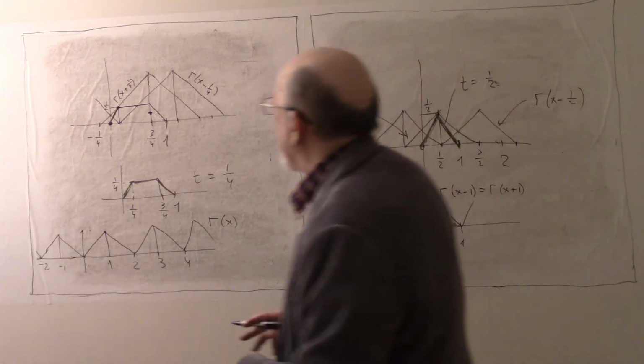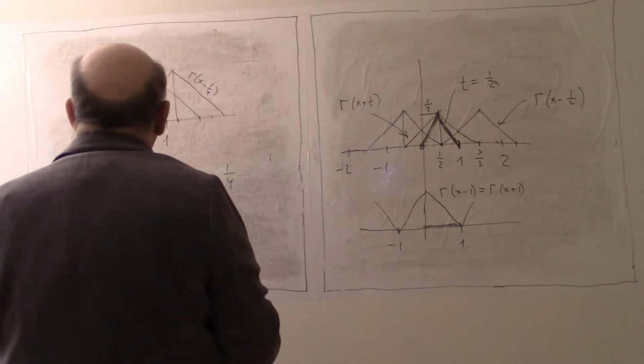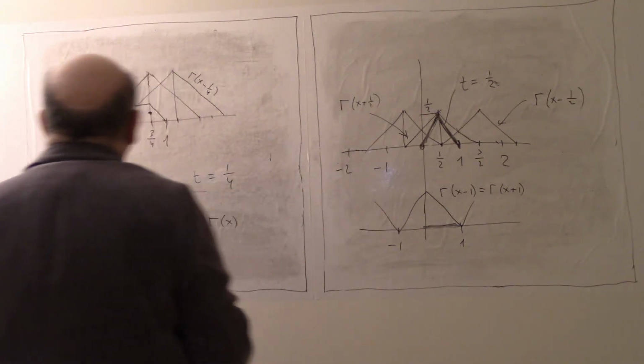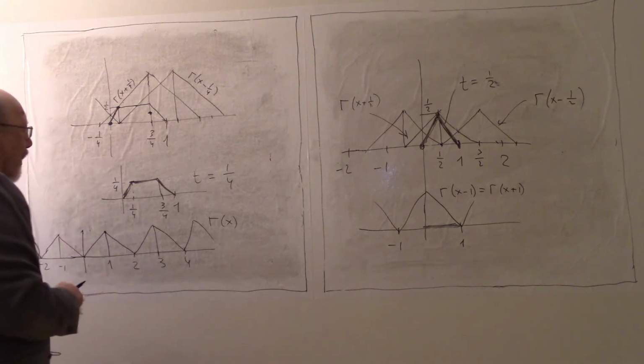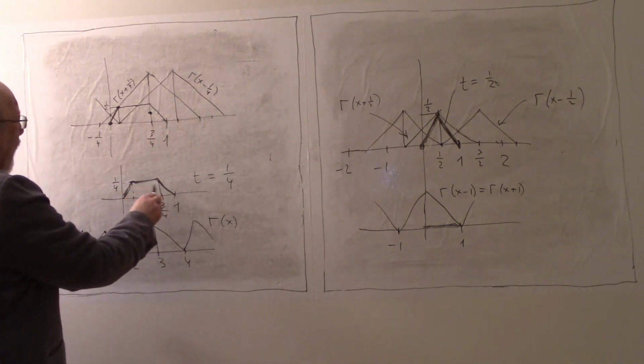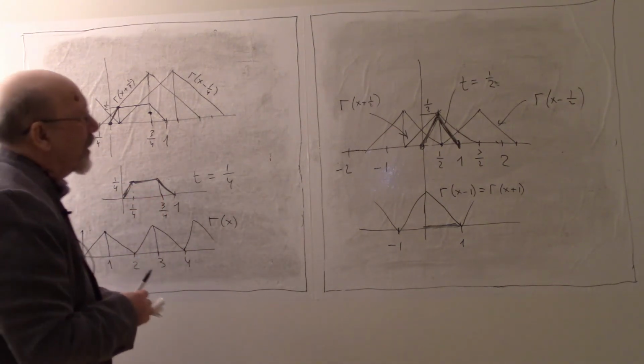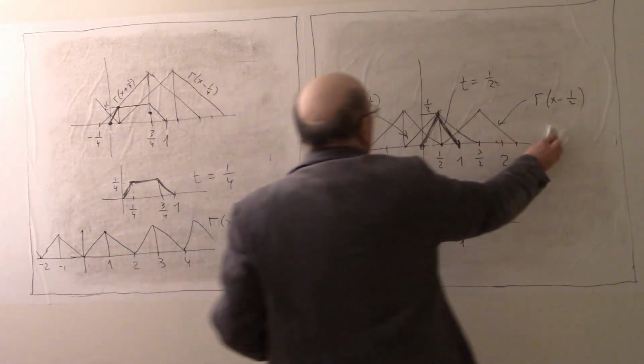So now we can even create sort of a movie. For t equal 1/4 we have this. For t, one moment.